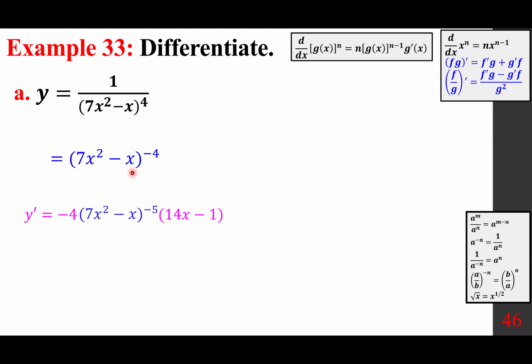And notice this piece goes down and takes a positive exponent 5. This one and this one remain up. So y prime is negative 4 times (14x minus 1) over (7x squared minus x) to the power of positive 5.